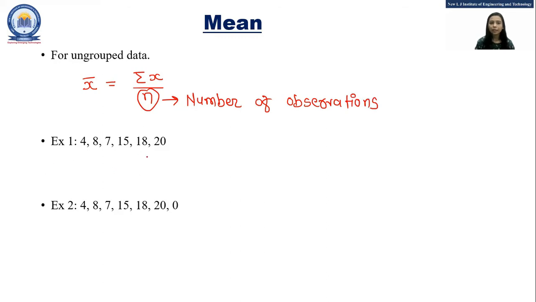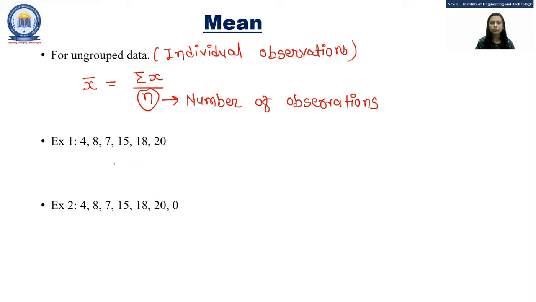Here I have taken two examples to calculate the mean of individual observations. Ungrouped data is also known as individual observations. The first example is 4, 8, 7, 15, 18 and 20.